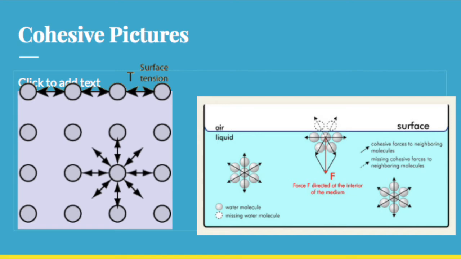And in the example on the right, talking more about surface tension, you can see how surface tension creates an inward force, because since water isn't at the top of the surface, it only has the ability to go down within the other water molecules that are similar.